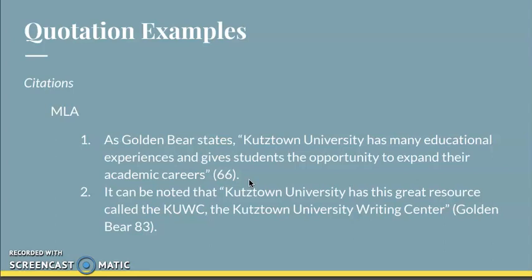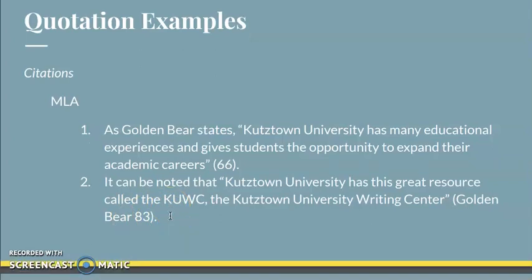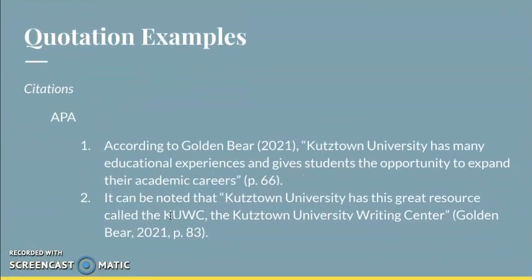It can be noted that, quotation, and then outside of that, you're going to put your author, your page number, and then your punctuation outside the parenthesis. APA is very similar to MLA, you do the same thing. You would have your quotation and then your page number. So the page number always goes after the quotation, never inside it.